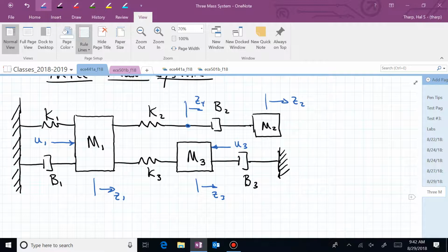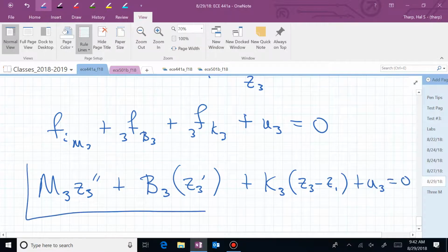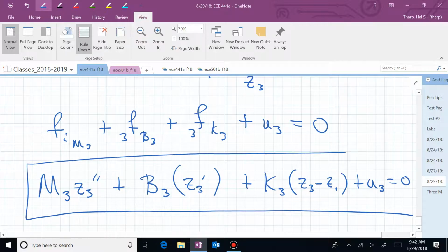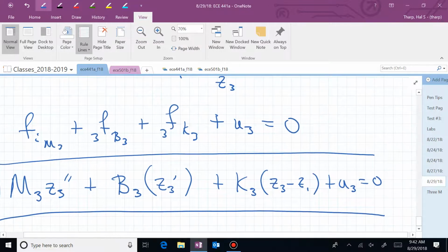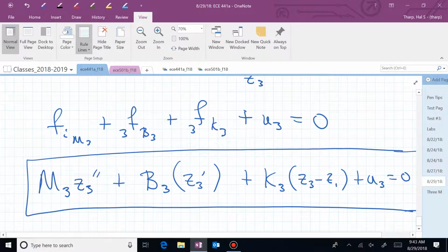I need z3 minus z1. Are we okay for that equation?